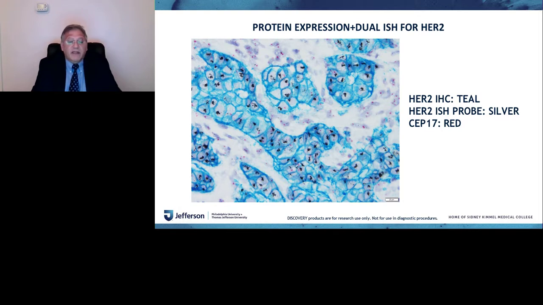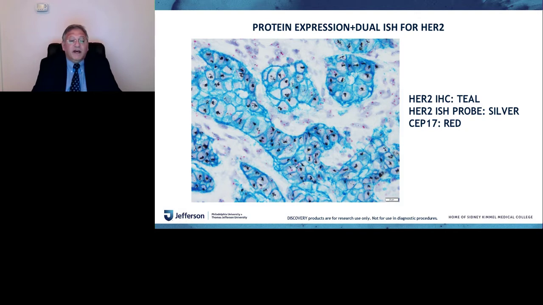So by having this assay protein expression together with dual in situ hybridization, you basically achieve the reflex test together with the original test at the same time.